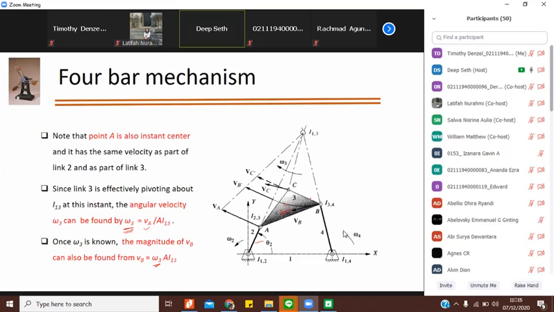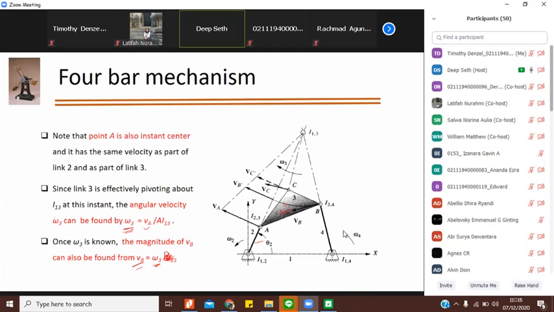So omega for this particular link will be the same, even though the velocities of A, B and C can be different. Okay. So VB we can find as omega 3 times, it's not A, it will be B to I13, this distance.